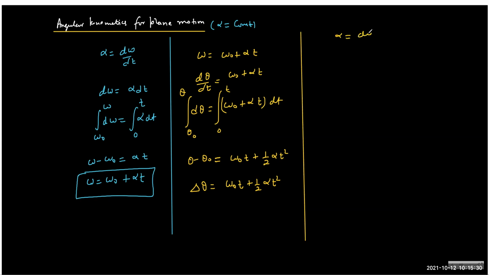Alpha we write as d omega by dt, and this we can write as d omega by d theta into d theta by dt. By chain rule, you can just split like this, and this turns out to be again omega.